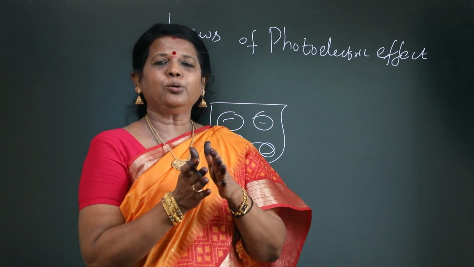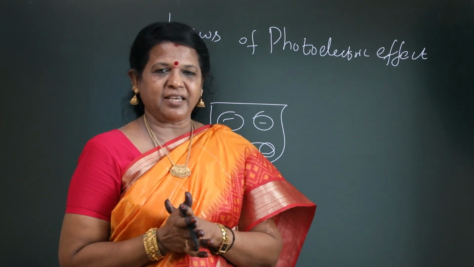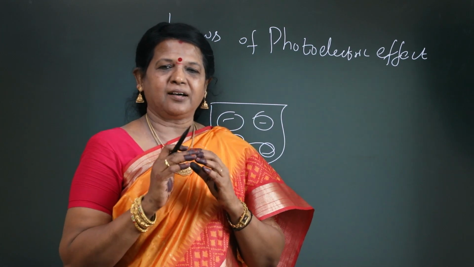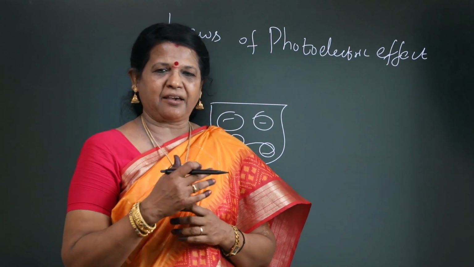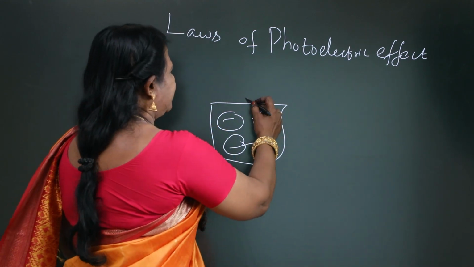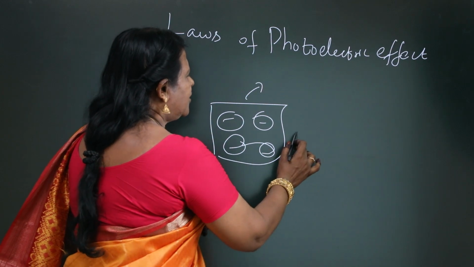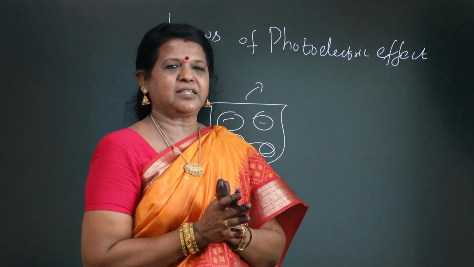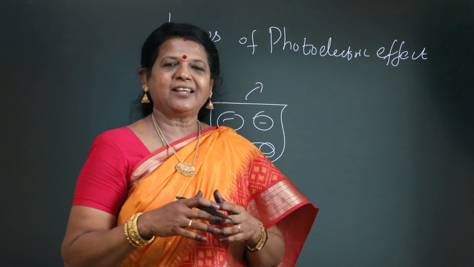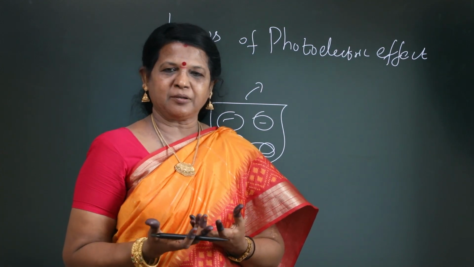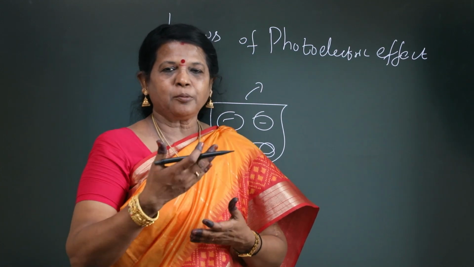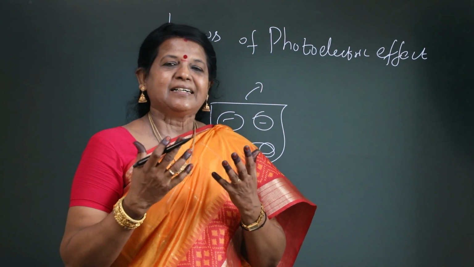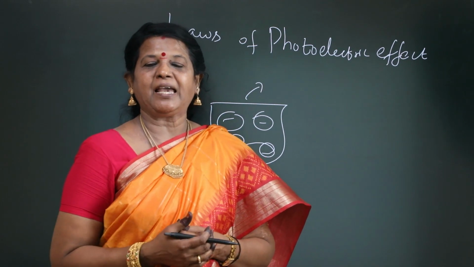Up to the threshold frequency, the electrons are not emitted from the surface. When the threshold frequency is reached, the electron emission takes place. Below the threshold frequency, no electrons are emitted.